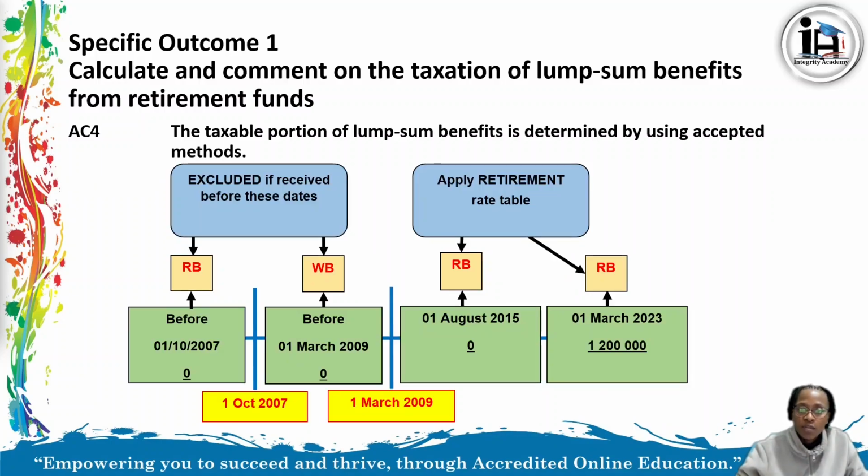The taxable portion of lump sum benefits is determined by using accepted methods. You exclude if received before these dates: retirement benefits before 1st of October 2007, withdrawal benefits before 1st March 2009, and you apply the retirement rate table for retirement benefits from 1st of August 2015, retirement benefits also from 1st March 2023 of 1,200,000.